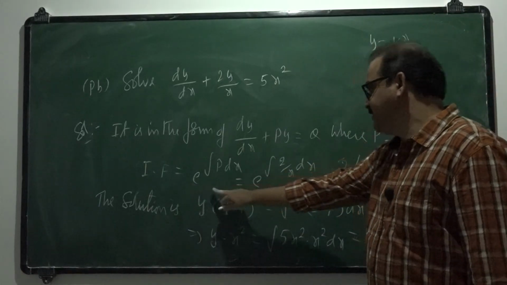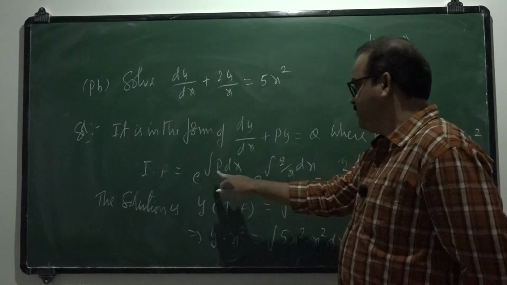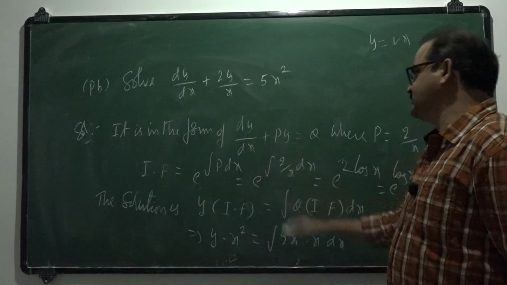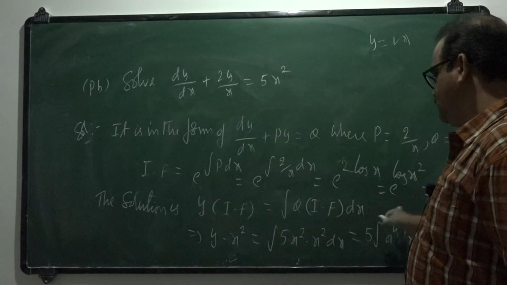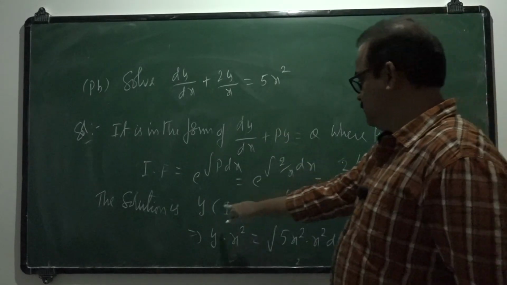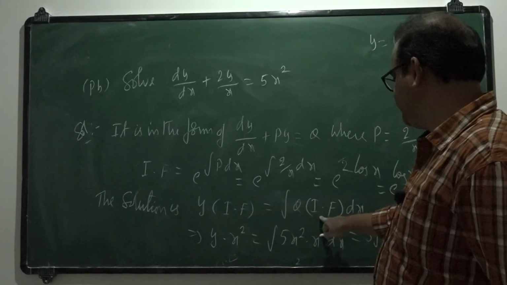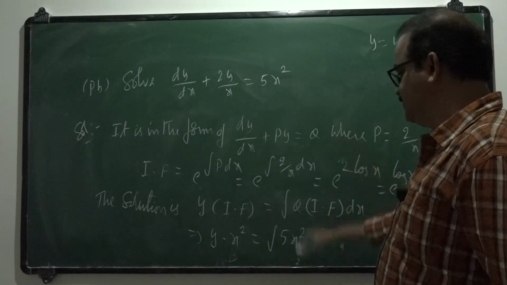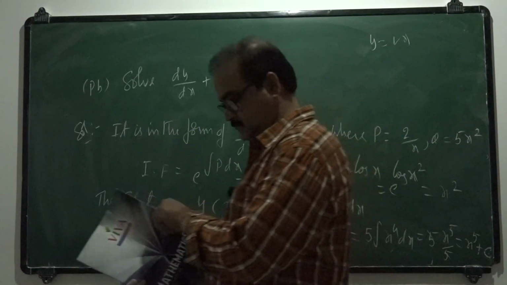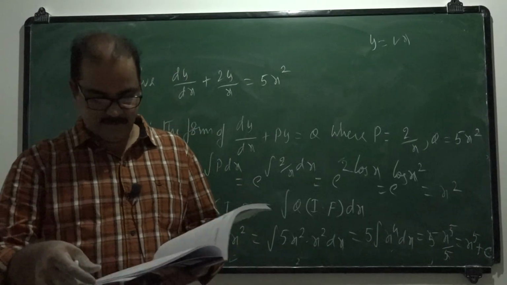First we find integrating factor. What is integrating factor? E power integral p into dx. Next, what is the solution of this linear equation? Y into integrating factor is equal to integral q into integrating factor dx.